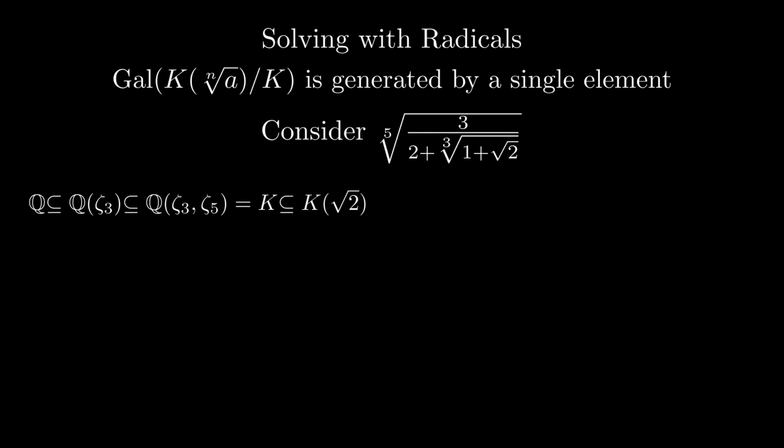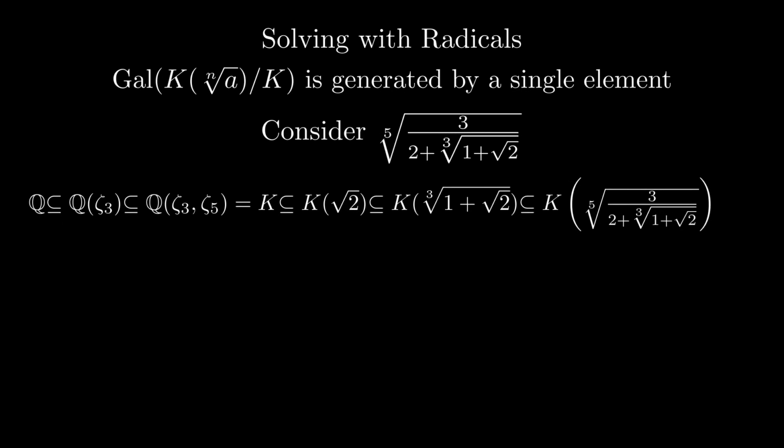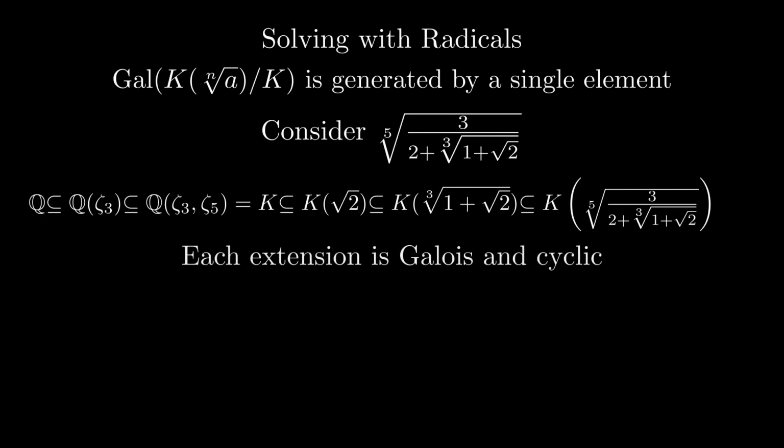But then we add the square root of 2 to K, and then the cube root of something in K adjoin the square root of 2, and finally the fifth root of something in the previous field. By what we showed, each of these extensions is Galois and cyclic. Let me be clear, they're not necessarily all Galois over Q, but each consecutive pair of fields is a Galois extension.